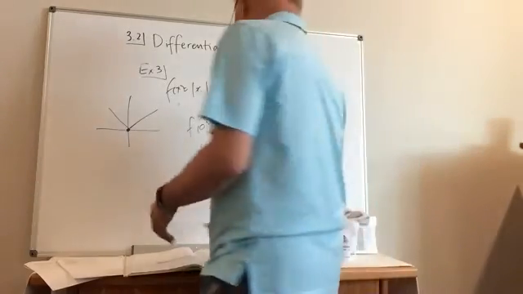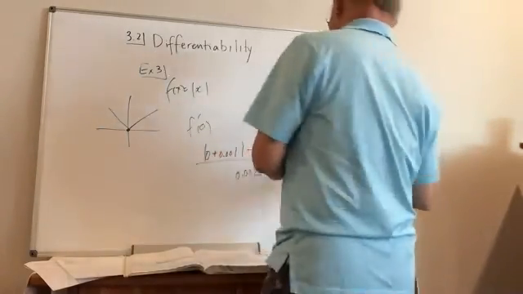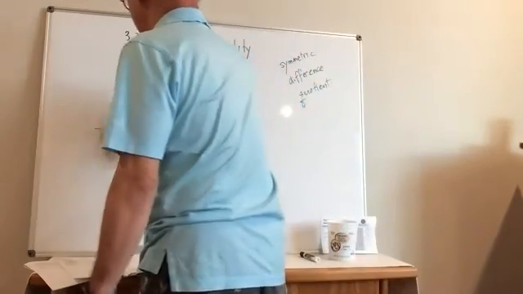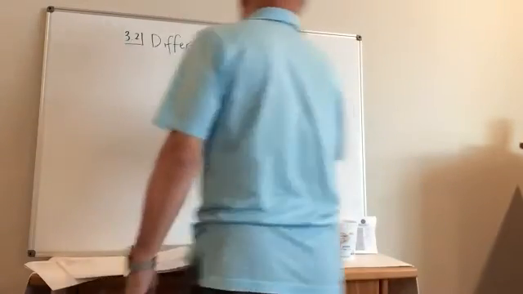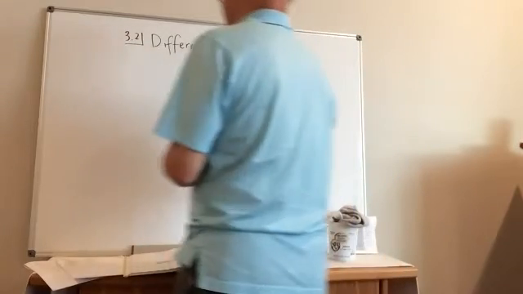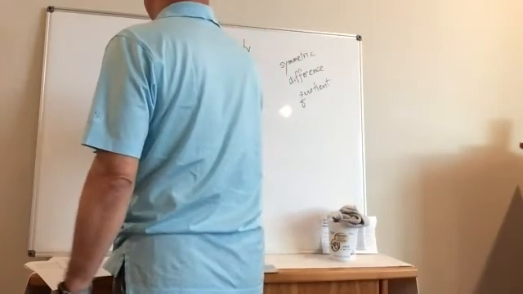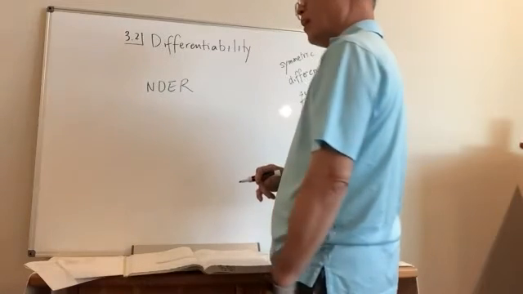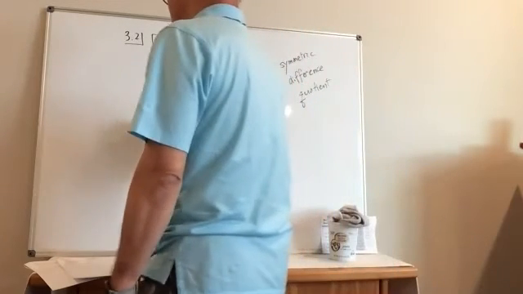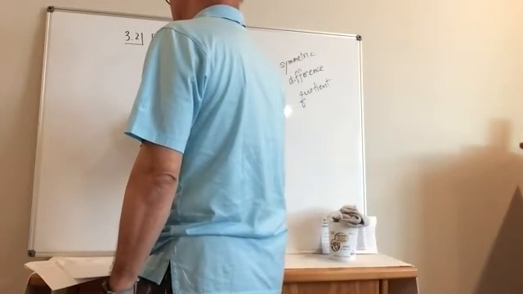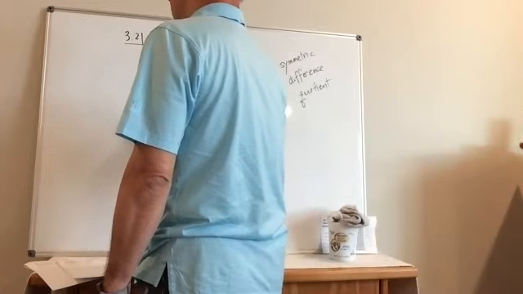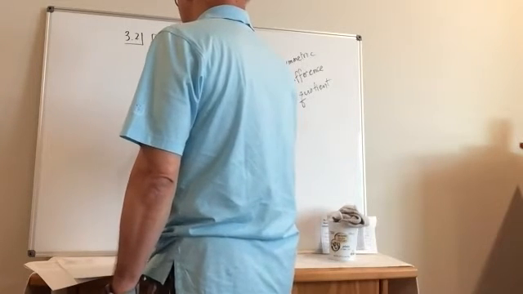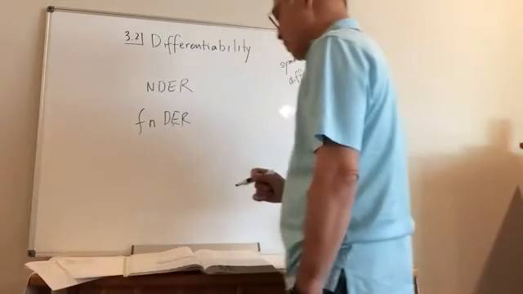Again, the calculator is only as good as the user. Now, that being said, the actual function that you are going to use is called nDeriv. I think it's FNDER on the 84. Is that correct?